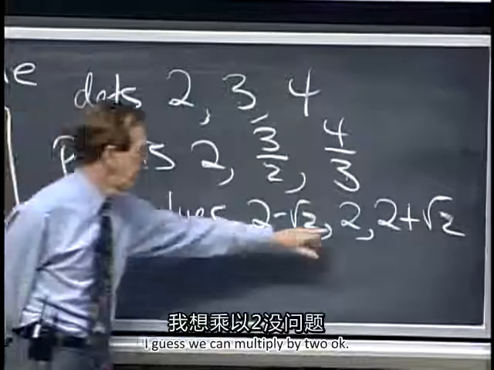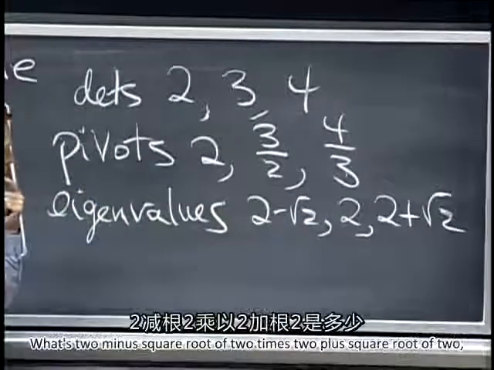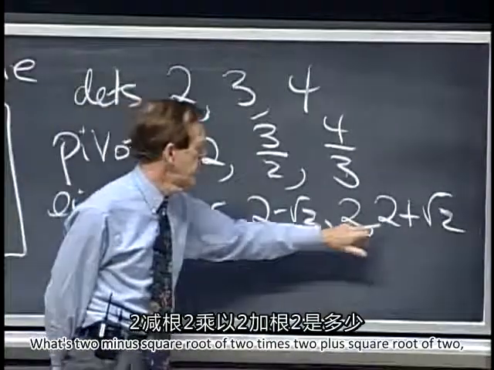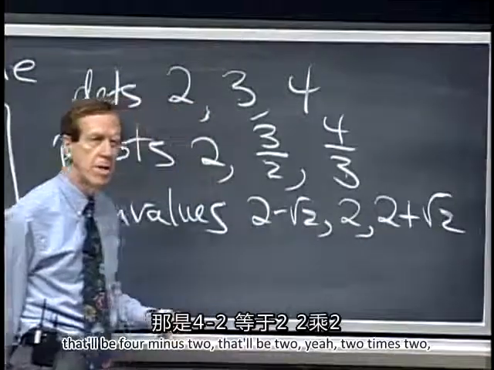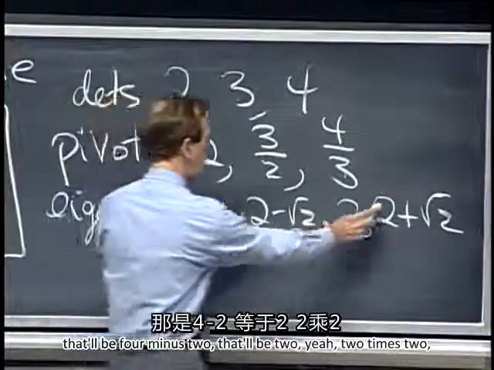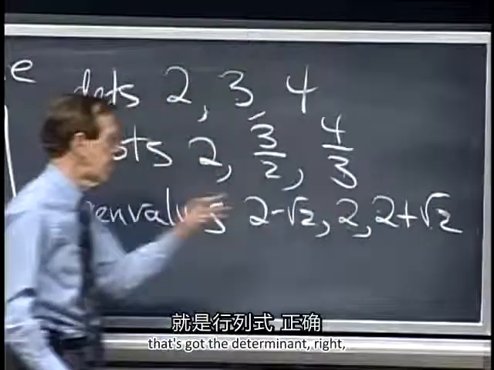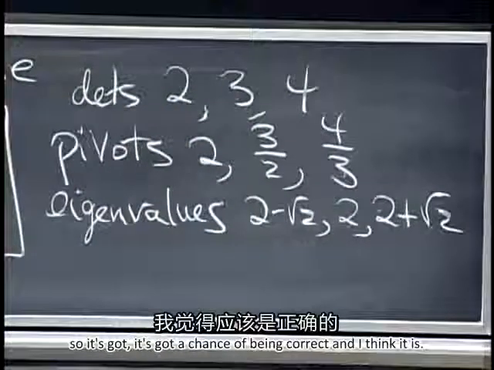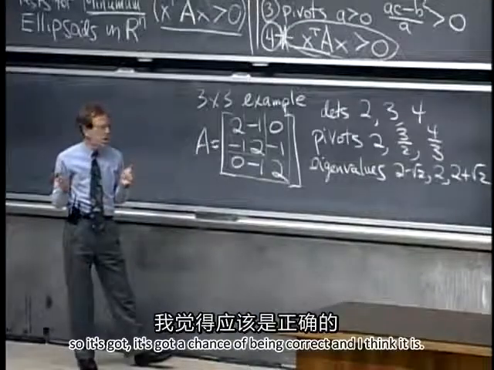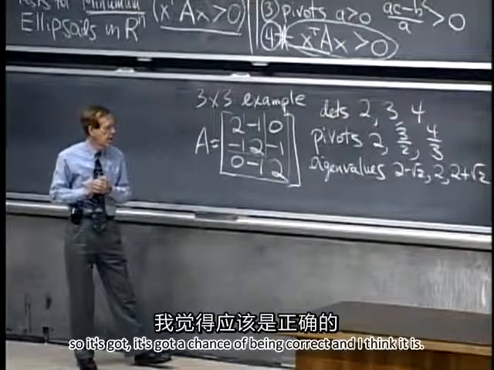I guess we can multiply by 2. What's 2 minus square root of 2 times 2 plus square root of 2? That'll be 4 minus 2. That'll be 2. Yeah, 2 times 2. That's got the determinant right. So it's got a chance of being correct, and I think it is.